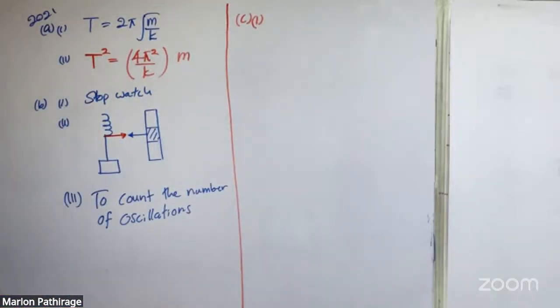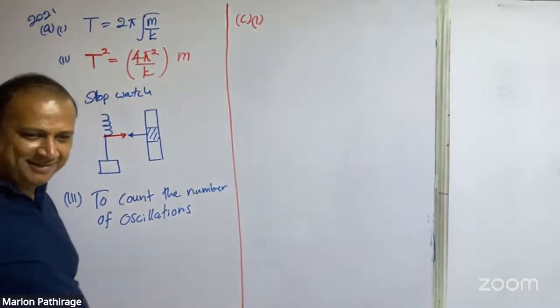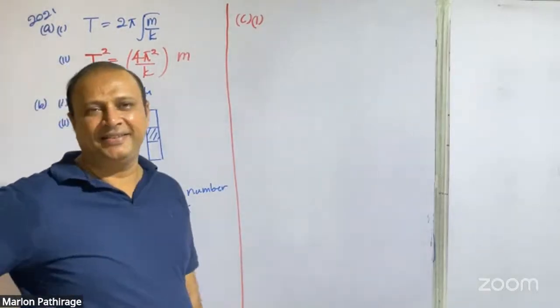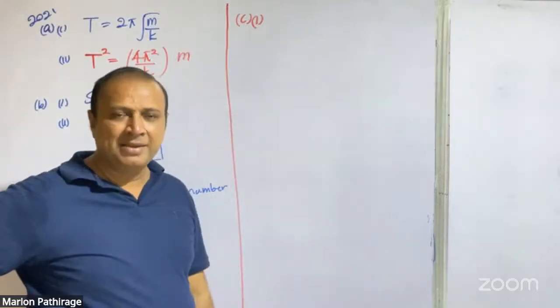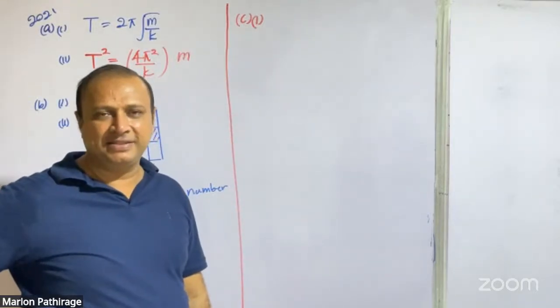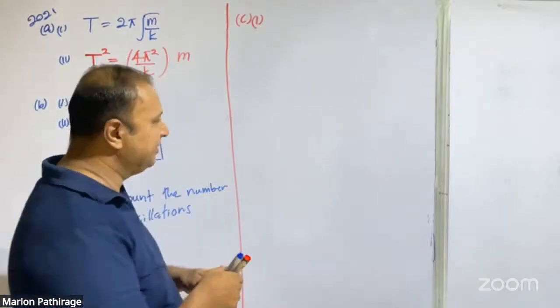Why does the accuracy in determination of the spring constant K depend mainly on the accuracy of determination of the period of oscillation of the mass? There is a T squared term.